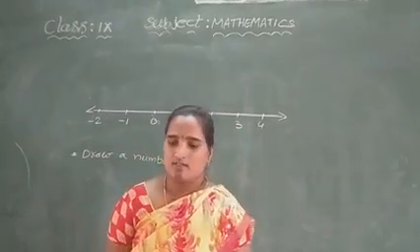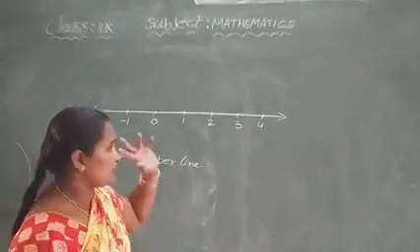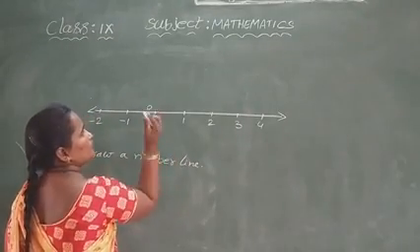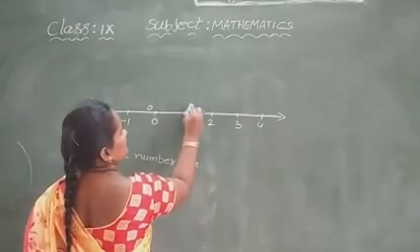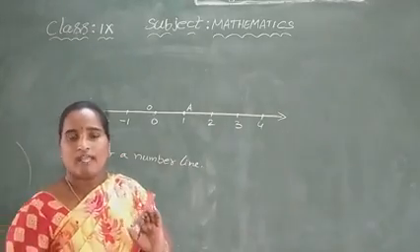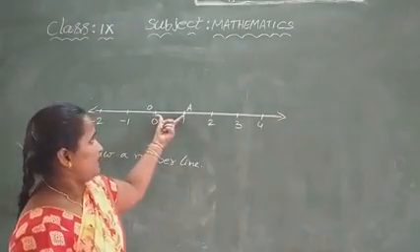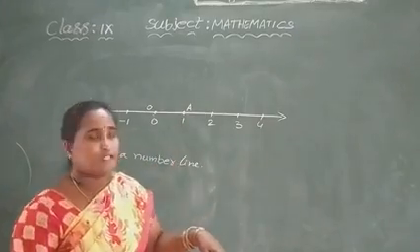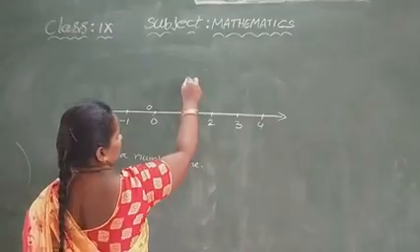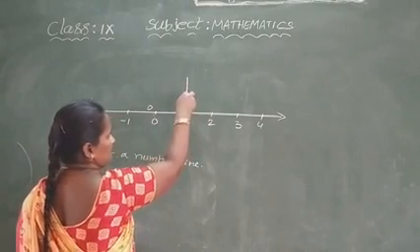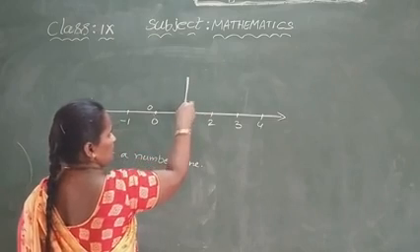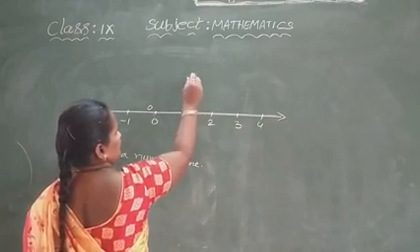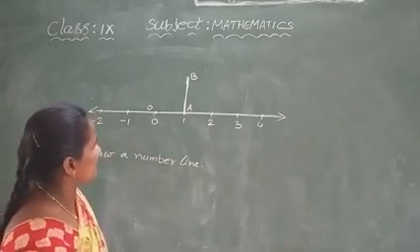Each unit is at equal distance. Then draw: this is point O, and this point is A. Then you take line OA. Then take one perpendicular line to OA, that is AB. This also take 1 unit. This point is B.